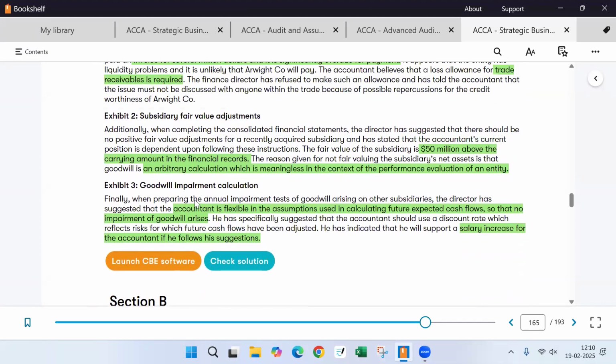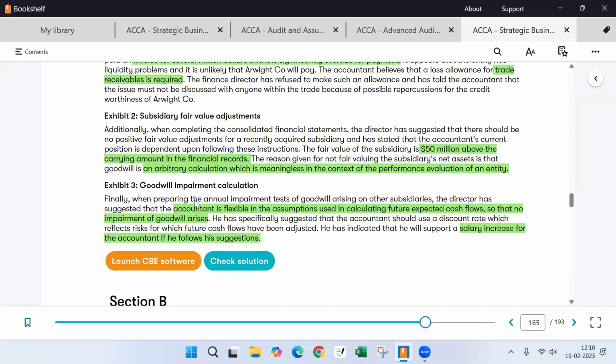So here the director is suggesting to make some matters not clearly presented, right? So this is actually a part of unethical behavior, correct? He's not acting with integrity, right? The director should act in an ethical manner, right? And he should follow ethical practices, and he should guide the accountant through the proper ethical channel, correct?